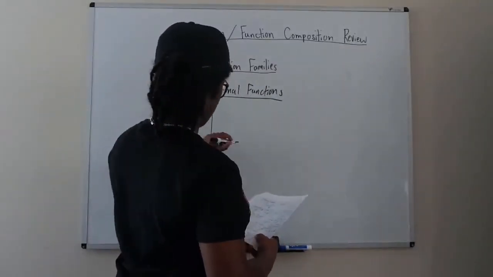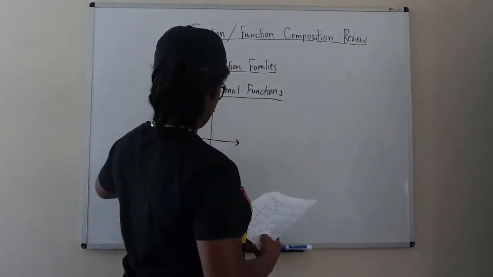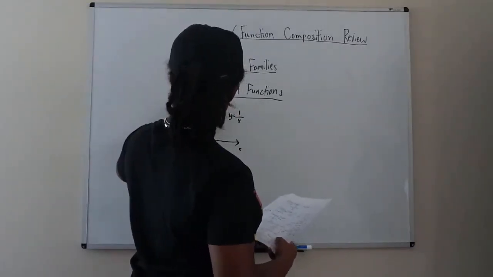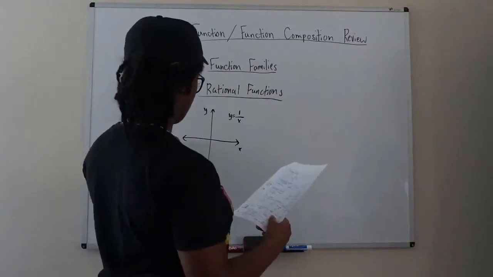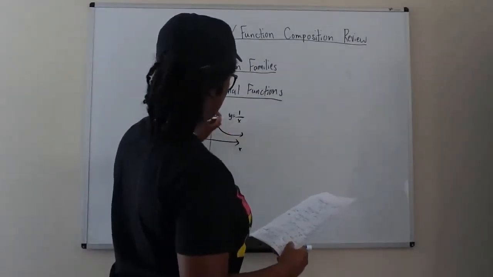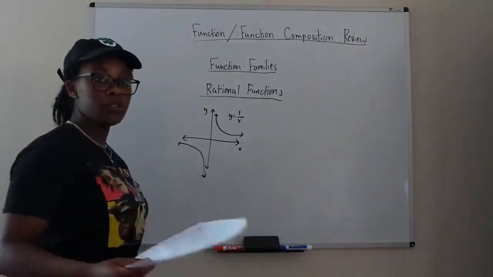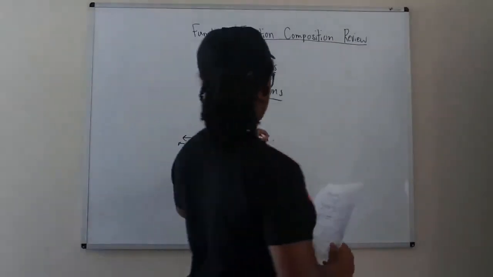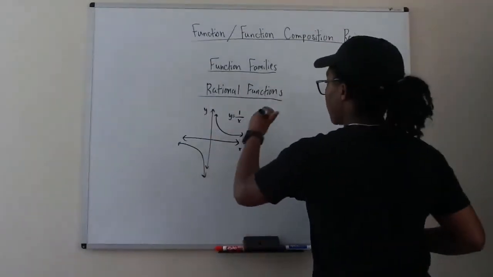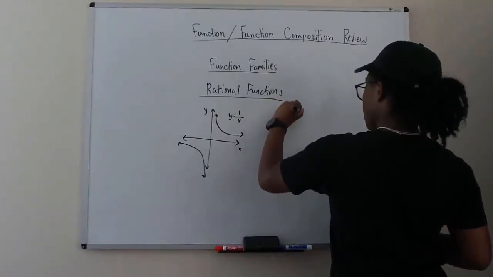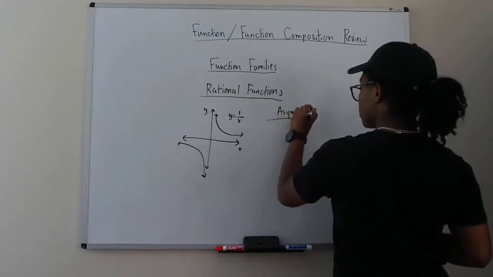So this is a really basic one, the most basic one. This is the graph of y is equal to 1 over x. The reason there's a giant divide in their characteristic shape is because of things called asymptotes.